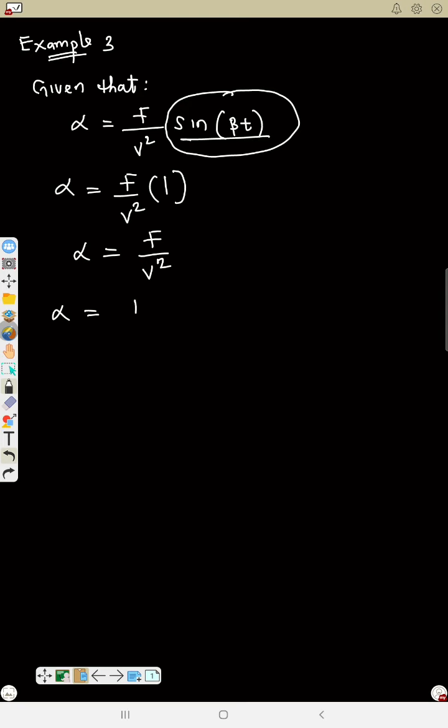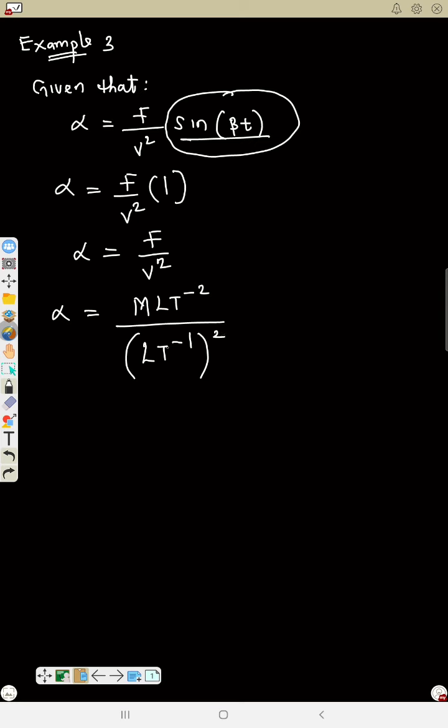We know the dimension of force is M L T raised to power minus 2, divided by the dimension of velocity. We found that in video 1 of dimension, that is L T raised to power minus 1, and everything is raised to power 2.